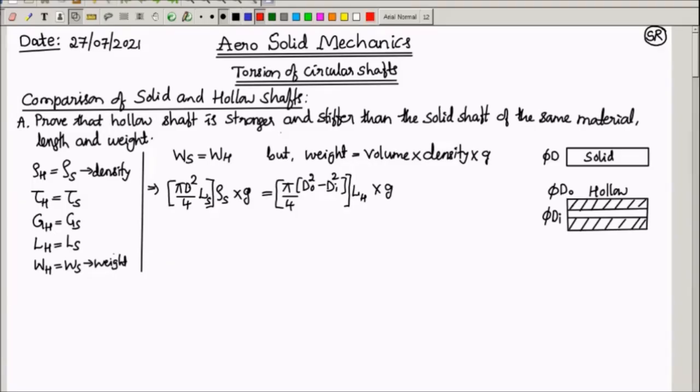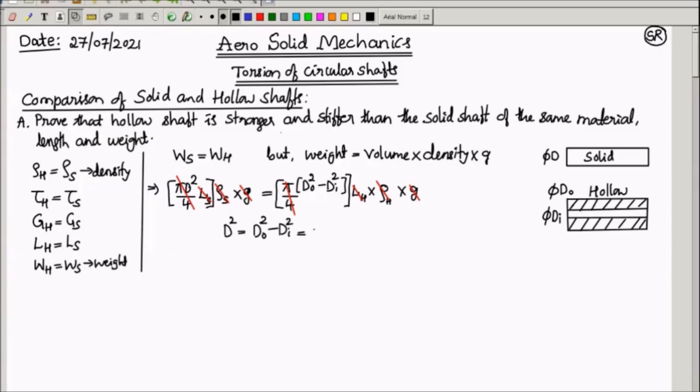Now here you know that LS is equal to LH, so we can cancel. G can be cancelled. Rho S is equal to rho H. I did not mention the rho H here, I'll write it. So rho H, rho S can be cancelled, and pi by 4 can be cancelled. So you will be left with only d square is equal to dO square minus di square.